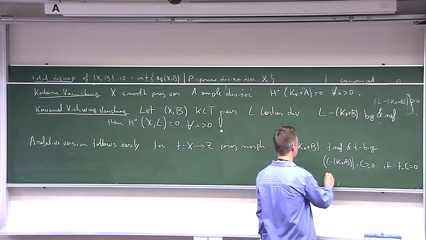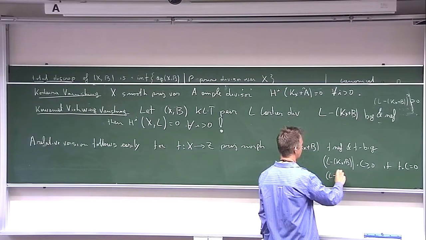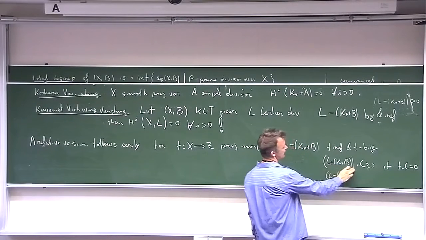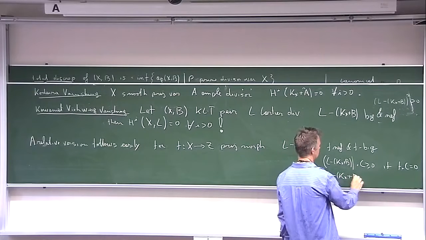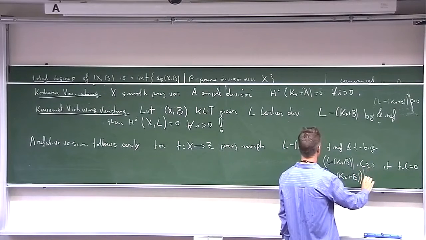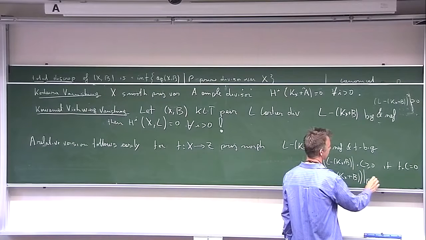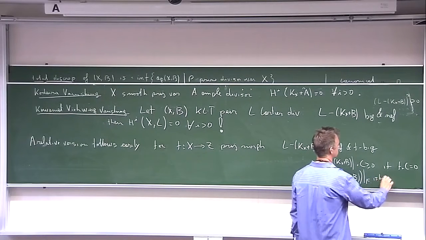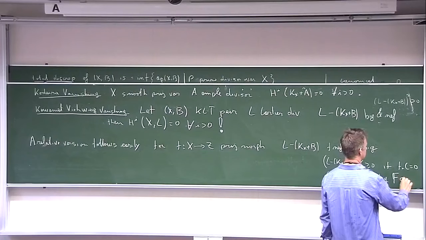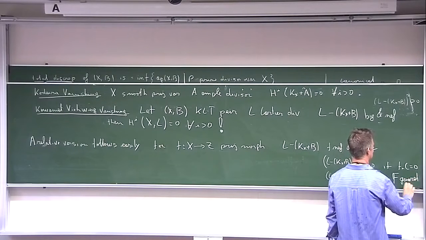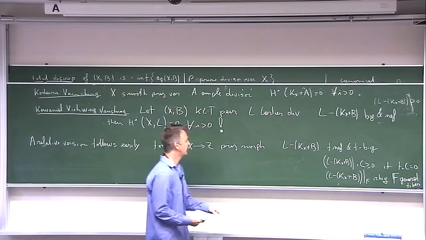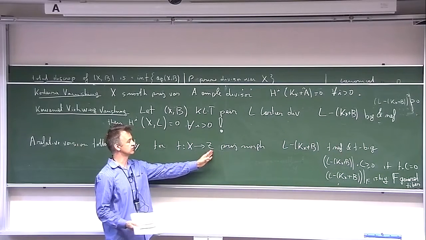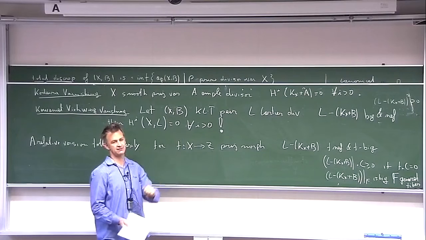In other words, you could think of this as the restriction to every fiber being nef. And for the bigness, you want that the restriction to a general fiber is big. An alternative point of view is to pick a sufficiently ample divisor on Z, pull it back, and then you get something that's actually nef and big.